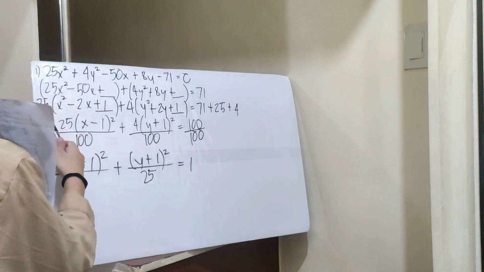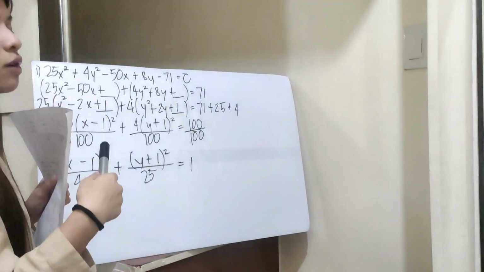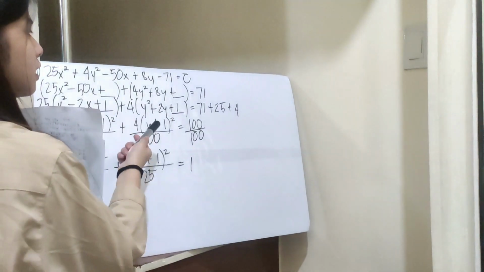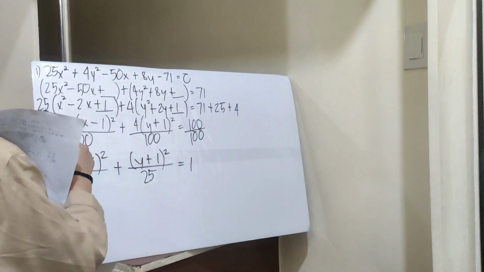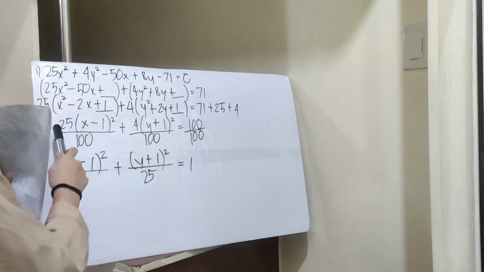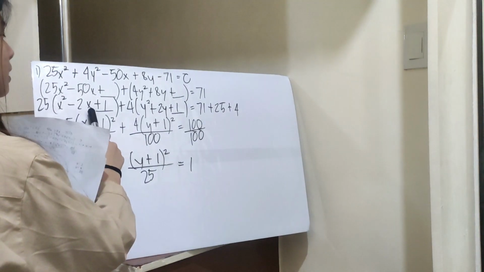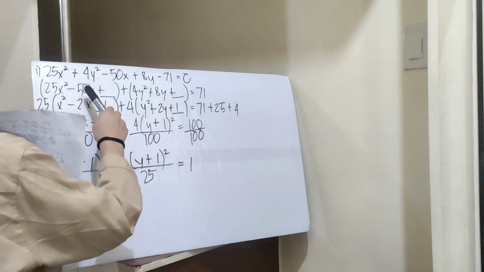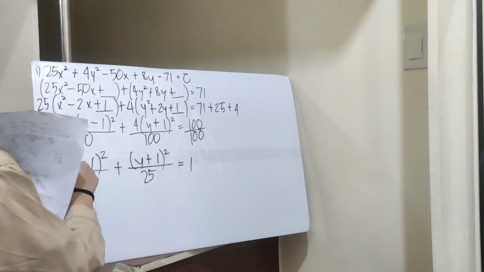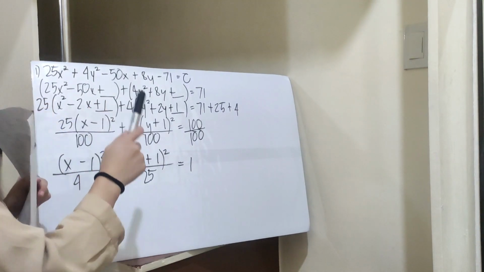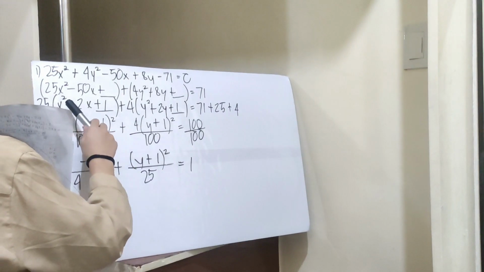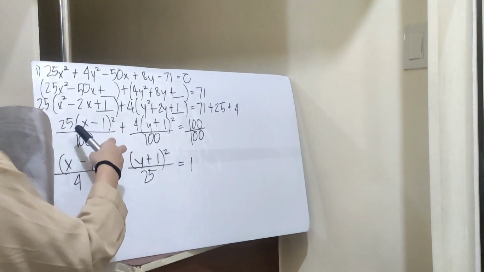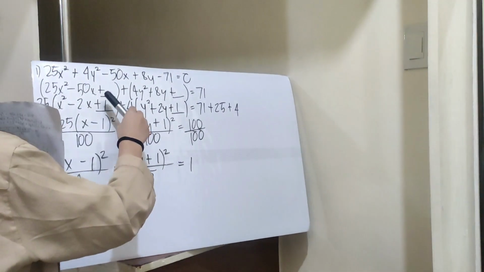The next thing we do is factor out the coefficient of x squared as well as y squared, which is 25 parentheses x squared minus 2x plus 1. What we did here basically is we divided the negative 50x by 25, which equals negative 2x, plus 1, since we divide 2 by 2 and square it, which is 1.